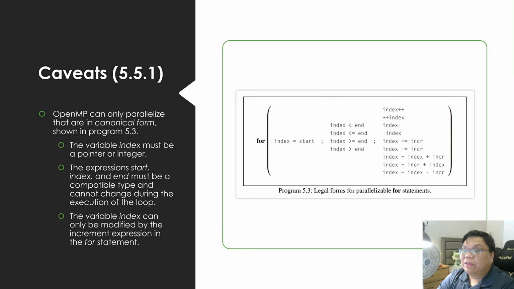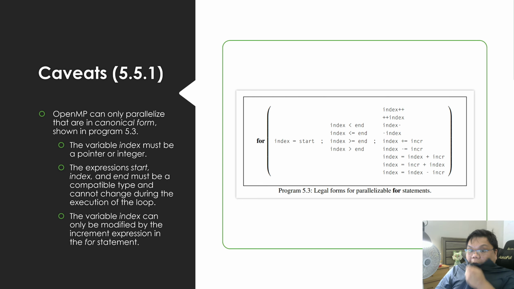Basically, OpenMP can only parallelize for loops that are in a canonical form. So the first part is index, which corresponds to the I variable in a for loop, like for int I equals 0, index corresponds to I. Your index is going to have a definite starting position.